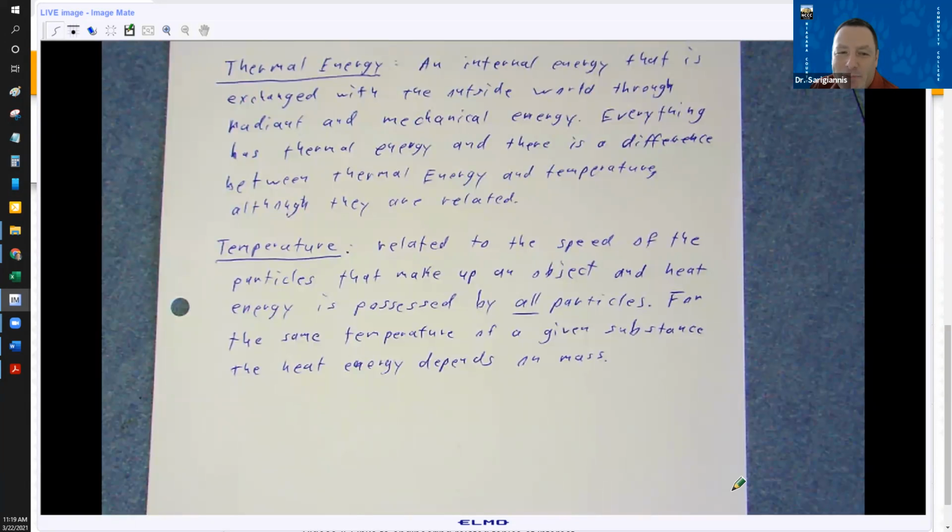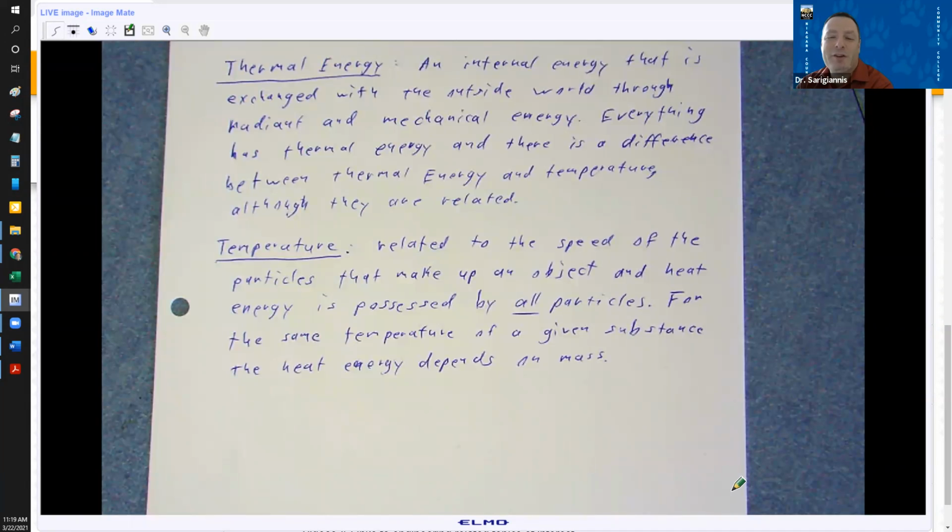Well, the particles that make up any material, you and me, those particles have a certain amount of kinetic energy to them, vibrational energy, and temperature is a measure of that. A temperature is a measure of the average kinetic energy of particles in an object.